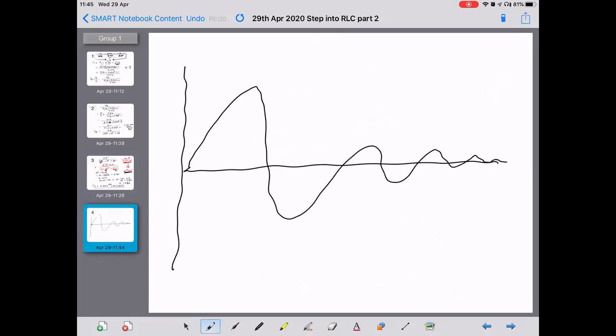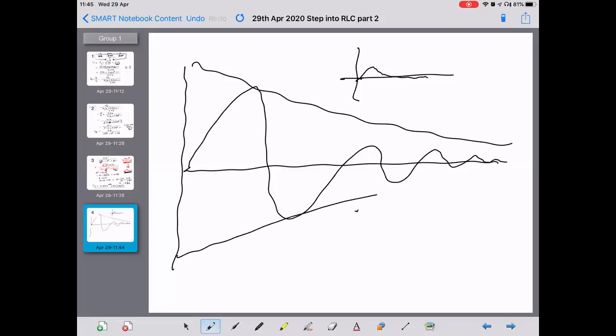In actual fact, if you get the component values right, you can get that perfectly damped. But this is what you would generally get, where this is the exponential part, the first part of the expression, and then this is your sine wave, so it becomes a damped sine wave. All okay with that?